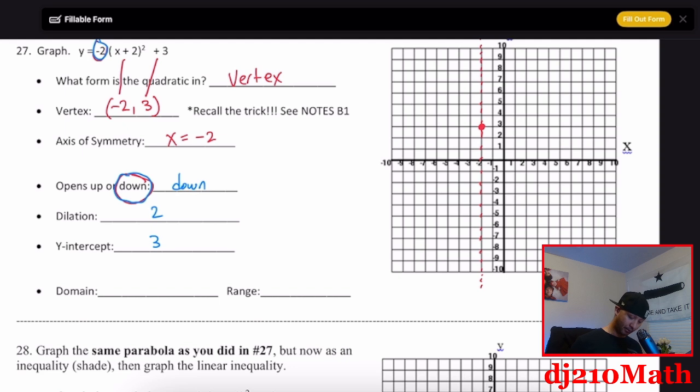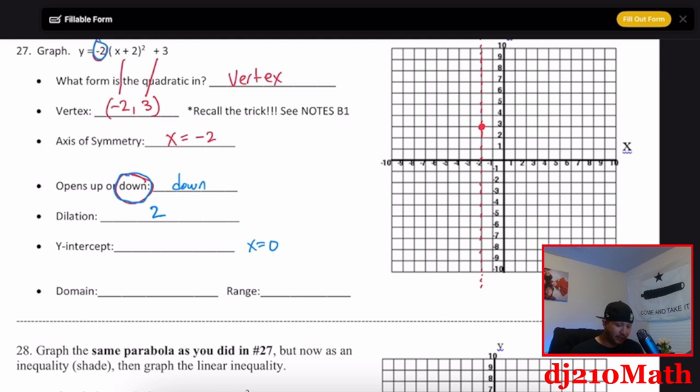Actually, I misspoke. It's not 3. We don't know what it is yet. We have to expand it out. Or if you recall, the y-intercept is when x is equal to 0.